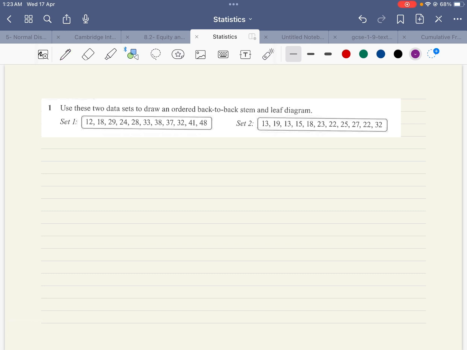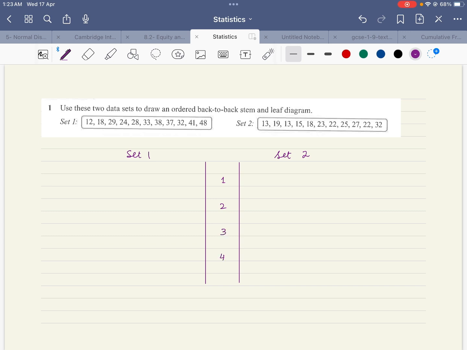Now we talk about combined stem and leaf diagram. You will draw a thick stem in between. This is set 2 and this is set 1. It begins with 1 and goes up to 4. 2, 3, 4.